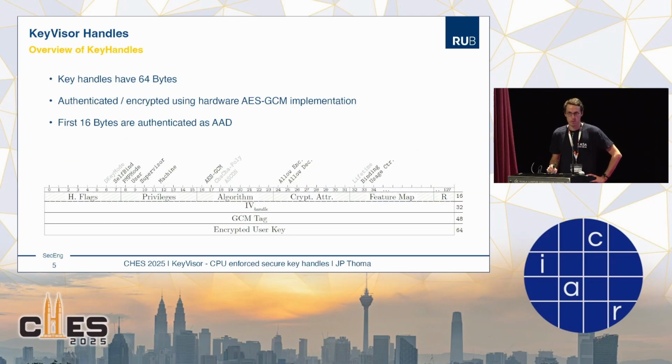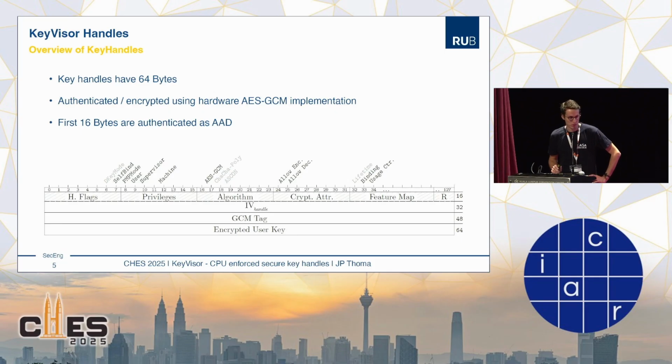Now, let's have a look at what a key handle looks like. In our proposal, key handles have 64 bytes, and we use a combination of authentication and encryption to make sure they cannot be tampered with, and the user key is protected. In the bottom figure, you can see the layout of the handle.